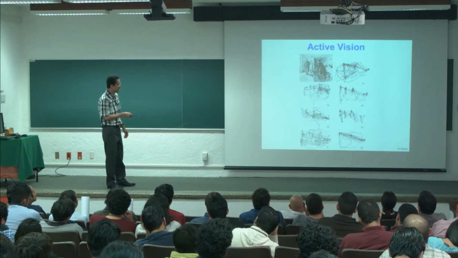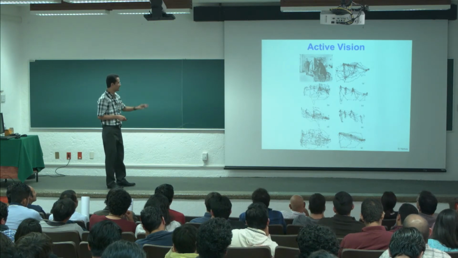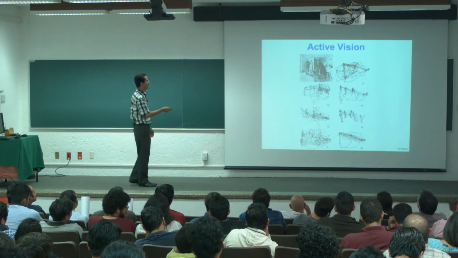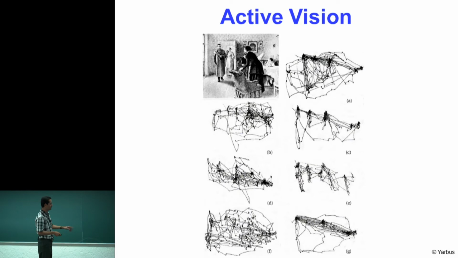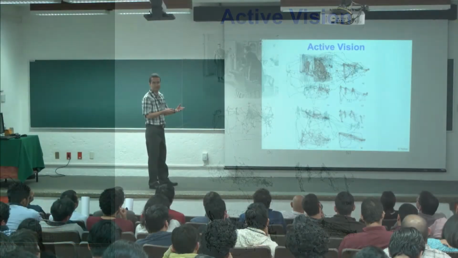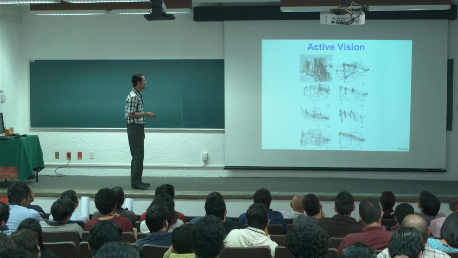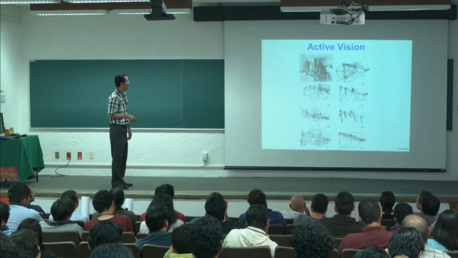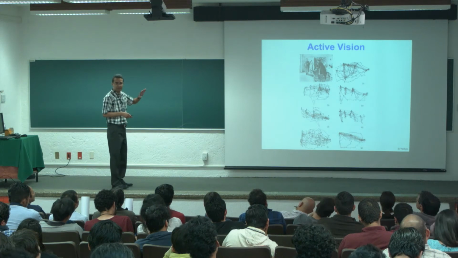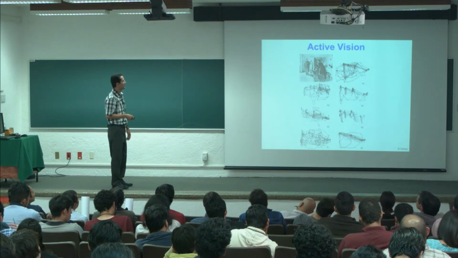These lines show how the eyes move in this image, depending on the question. This one is more random, this one is very specific. Here they are looking at the faces of the people in the picture. In other questions they were asking what the scene is about. So the patterns of eye movements differ depending on the question.